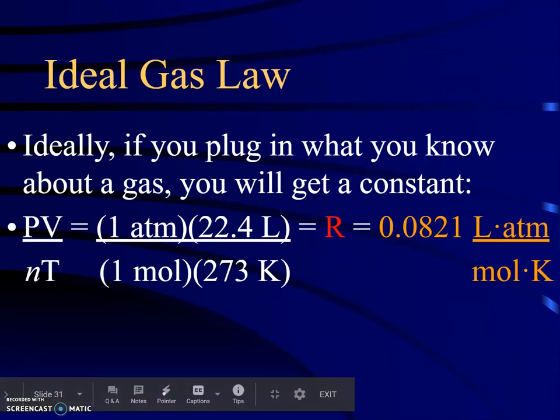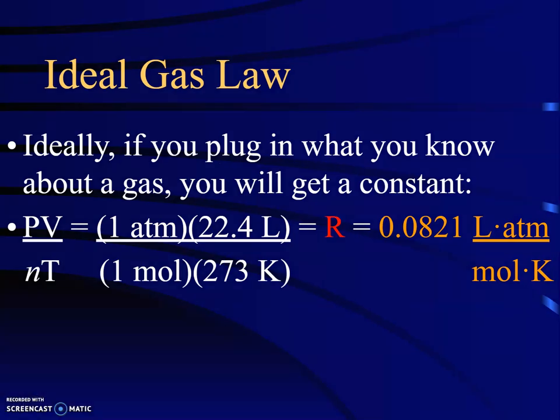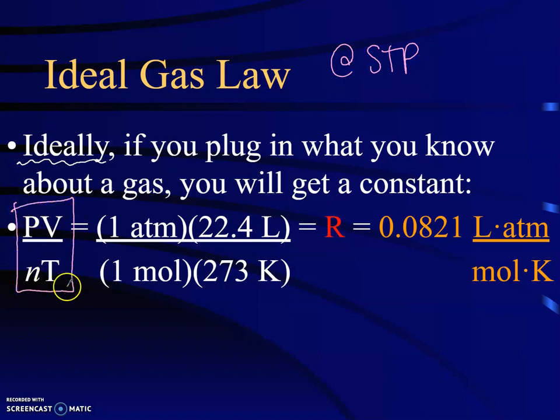All right, so bad corny joke, but ideally, what do we already know about gases? We already know that at standard temperature and pressure, at STP, if we look at this PV over nT proportion, we have 1 atmosphere of gas.